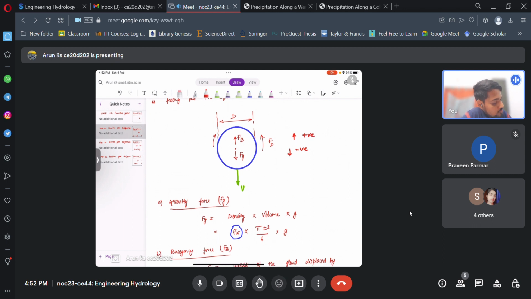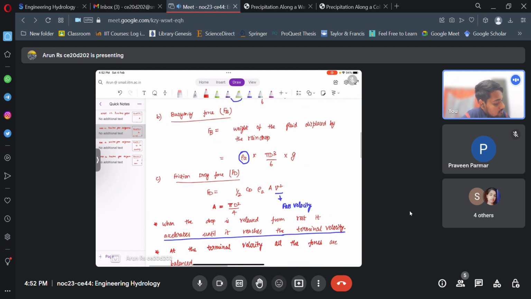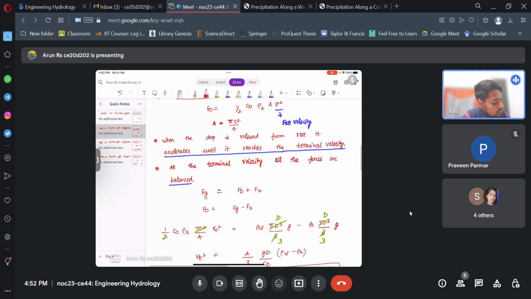So the force balance will be Fb minus Fg plus Fd equal to 0, which can be represented as Fb plus Fd is equal to Fg. So this is your force balance. That is what I have written here. Fg is equal to Fd plus Fb.